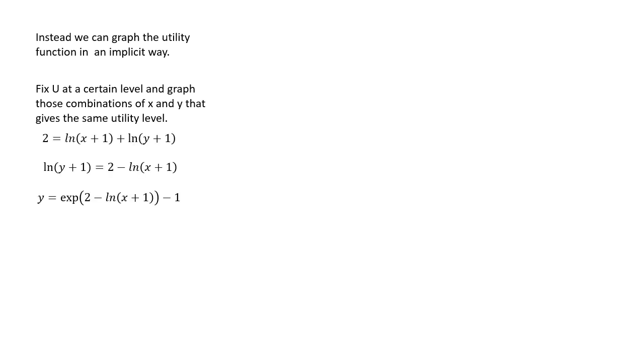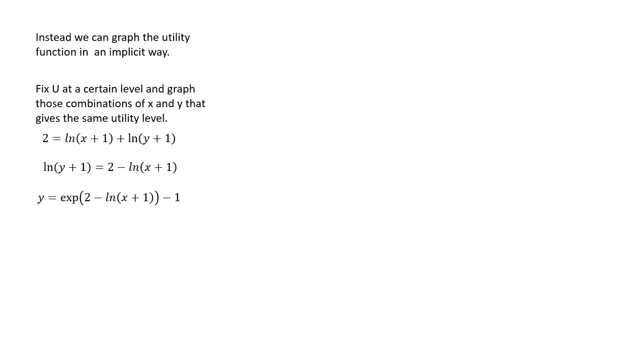For example, if I take the previous slide's utility function and I assume that A and B are both 1, and I assign a value of 2 to the total utility, I can write the utility function as you can see in the first row.